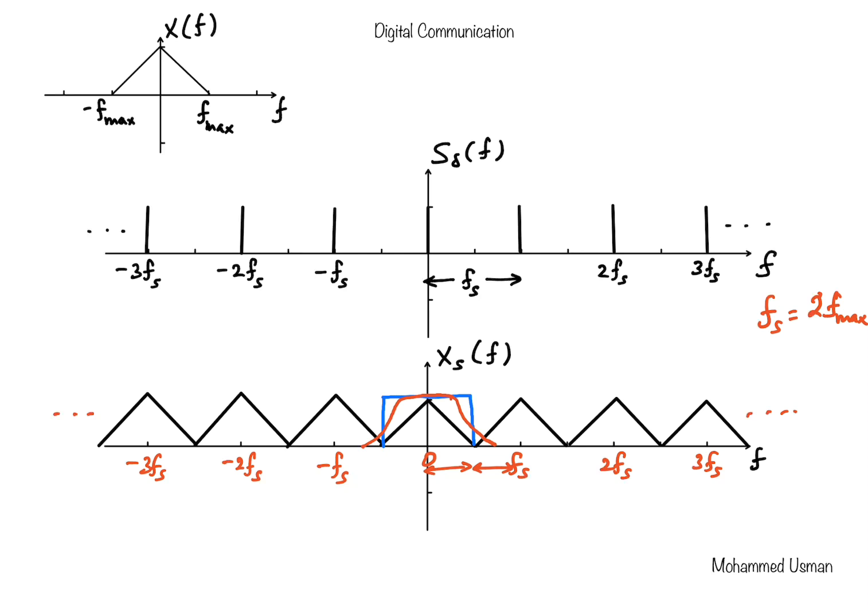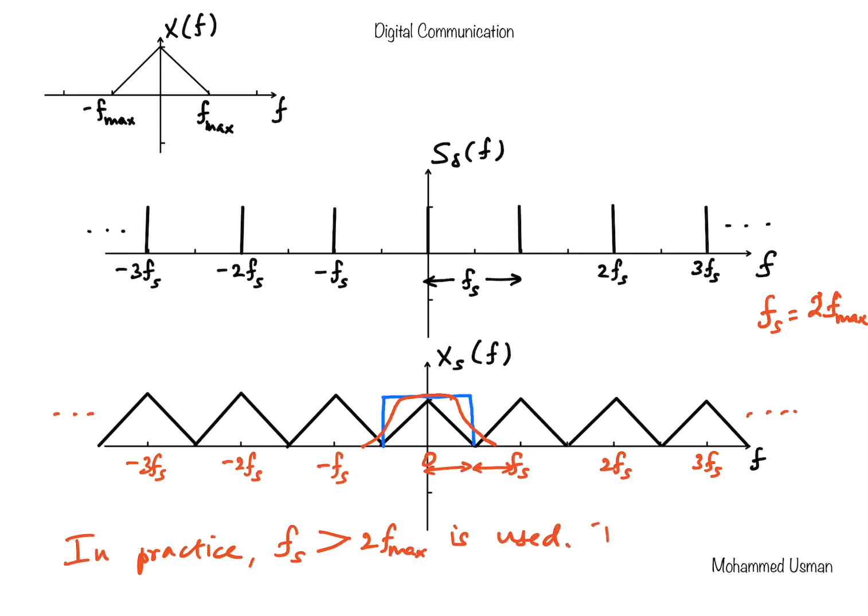So in practice, fs greater than 2f max is used. Why?